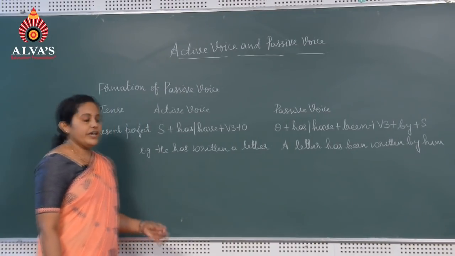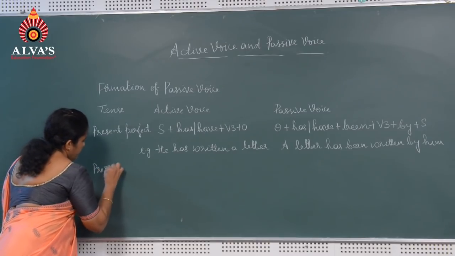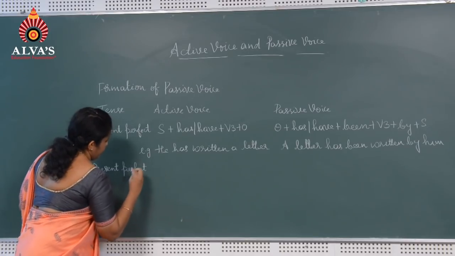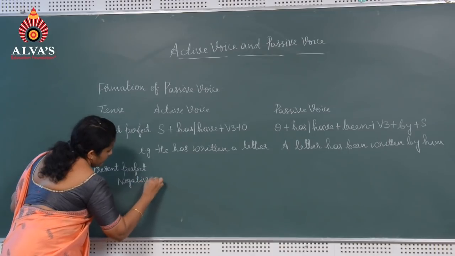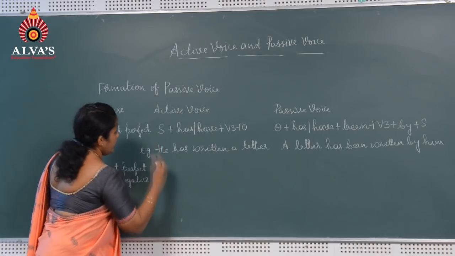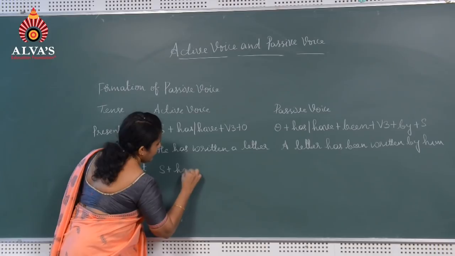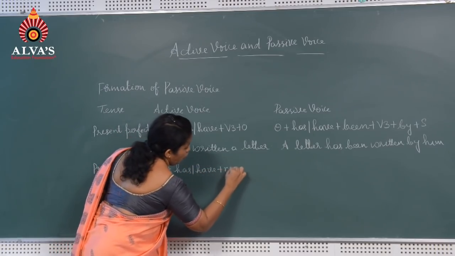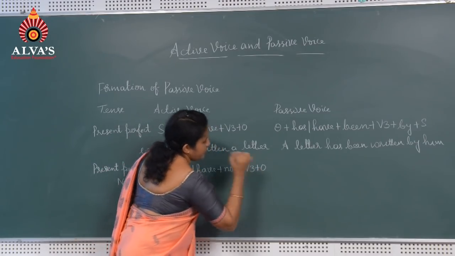Okay. Now, let us see present perfect negative sentence. See here, formula is subject plus has or have plus not plus V3 plus object.